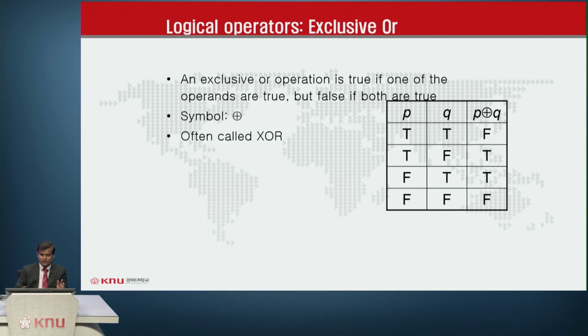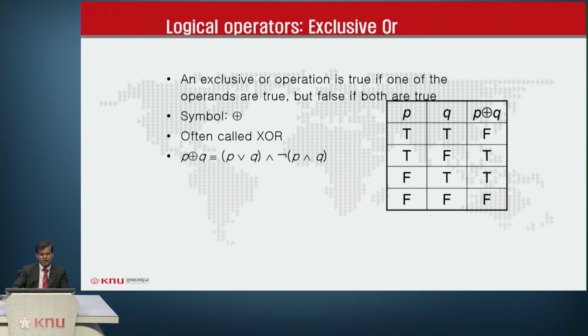Why not try to come up with a circuit that represents this logic? Try to figure out a circuit that can bring out this XOR logic, or exclusive OR logic. So we often call it XOR.